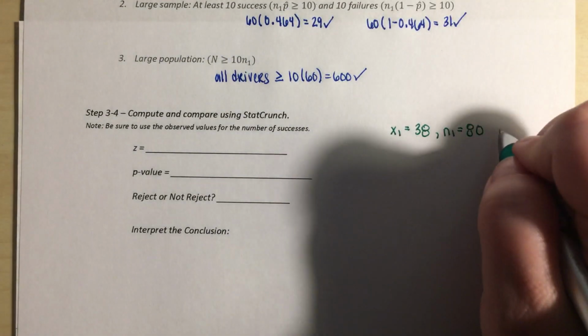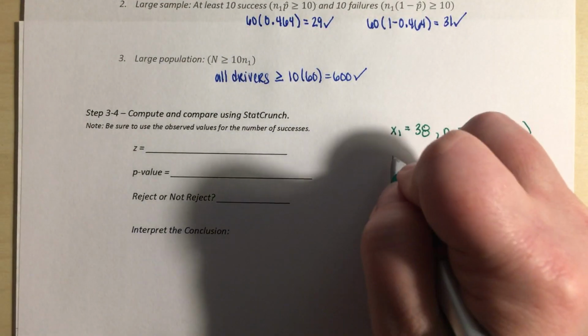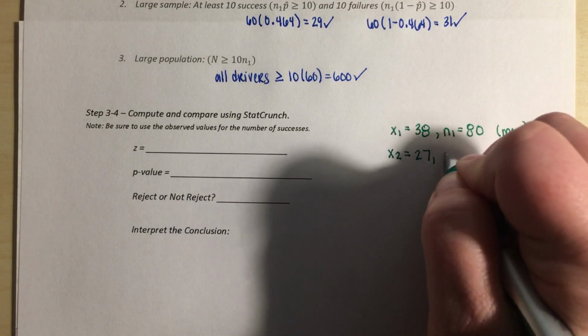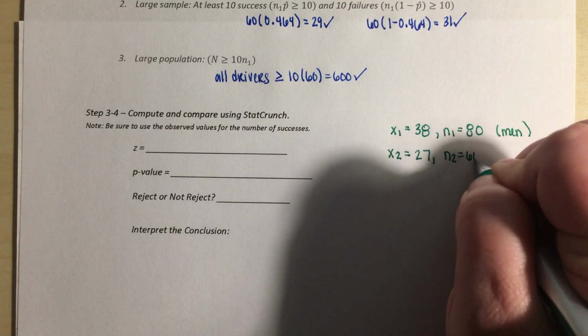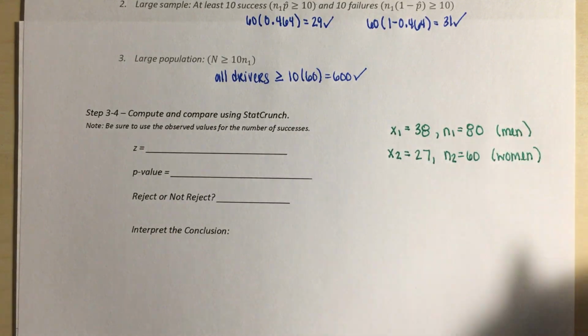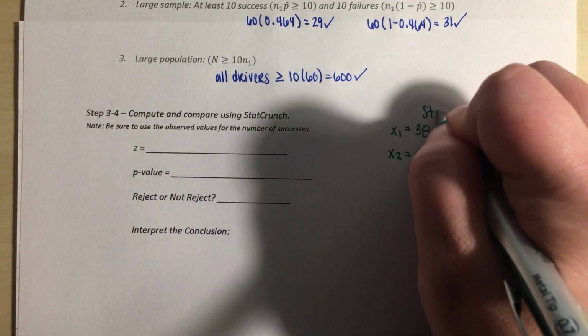That was our sample of men. X2 was 27, n2 was 60. That was from the women. So those are going to be the numbers that we're going to use in StatCrunch.